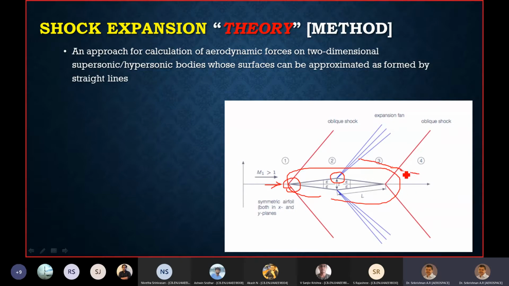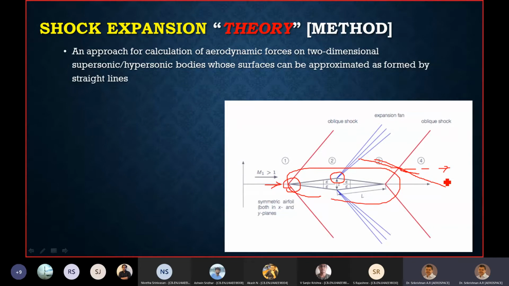If it were continuing like this, it would go like this, whereas the mainstream direction is like this, which means that the flow has to be aligned. If the flow is to be aligned with the mainstream direction, it has to be turned back, which in turn means that the tail will lead to an oblique shock.